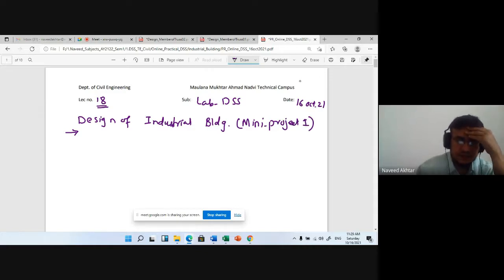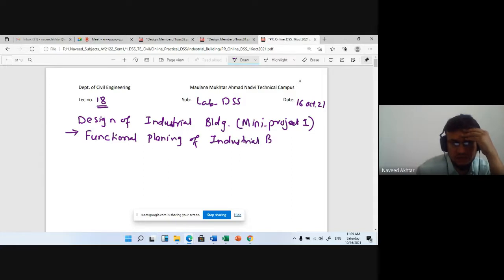In that case, first we have done the initial functional planning of the industrial building.